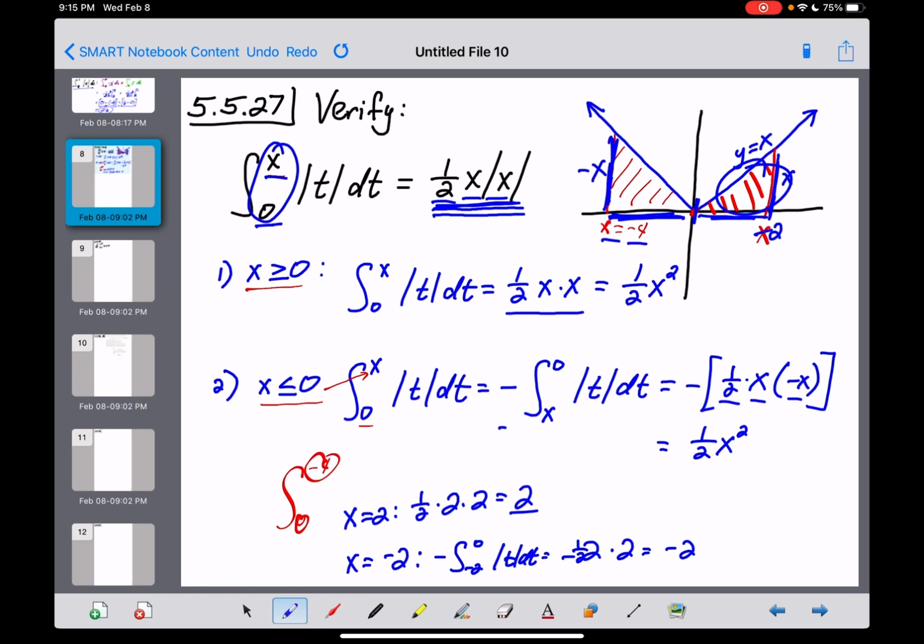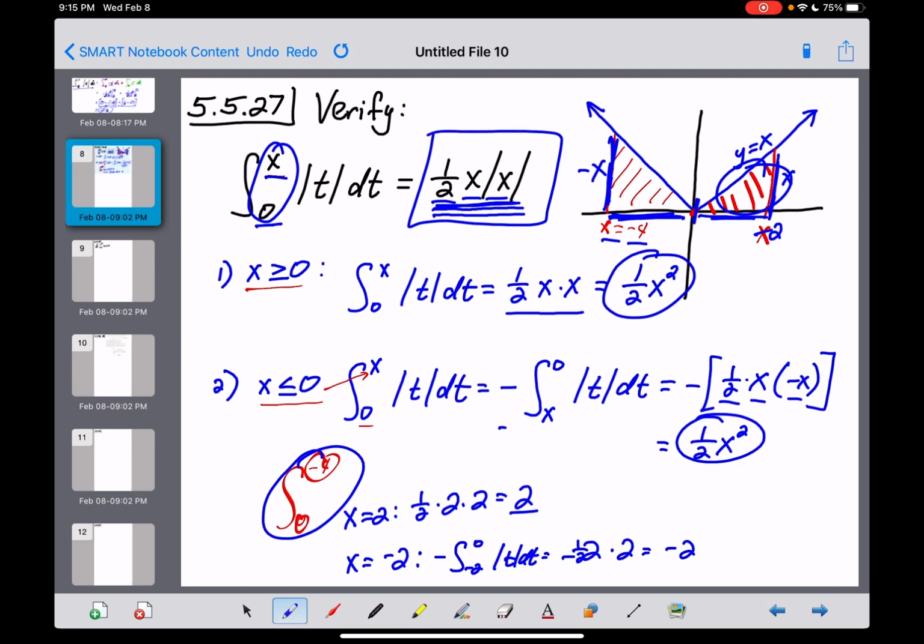And I think that's the key. The issue with just saying that the answer is 1/2 x squared is that that answer would always be positive. But if your limits are backwards, if you have a smaller number on top and a greater number on bottom, that answer does have the potential to be negative, which this answer here does. If x were a negative number, this would be 1/2 times a negative number times the absolute value of that negative, which would be positive, and you would end up with the negative answer that you were looking for.